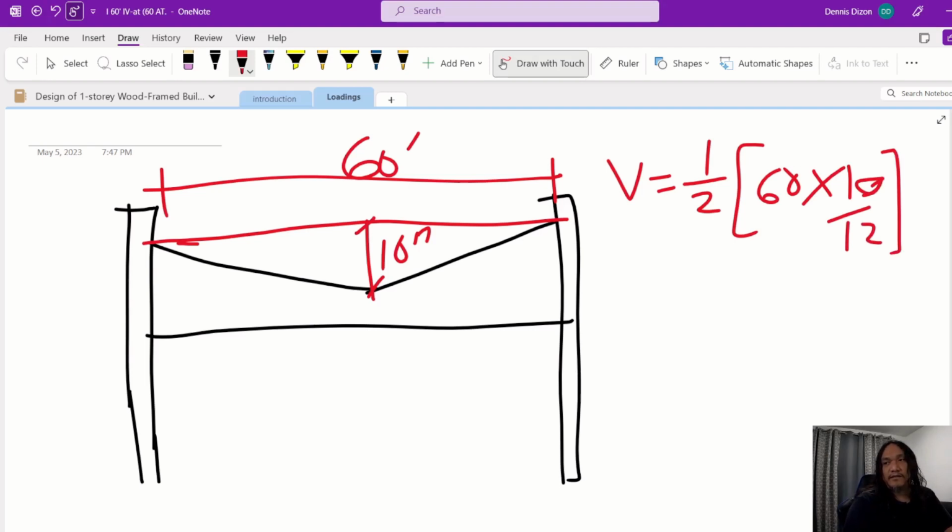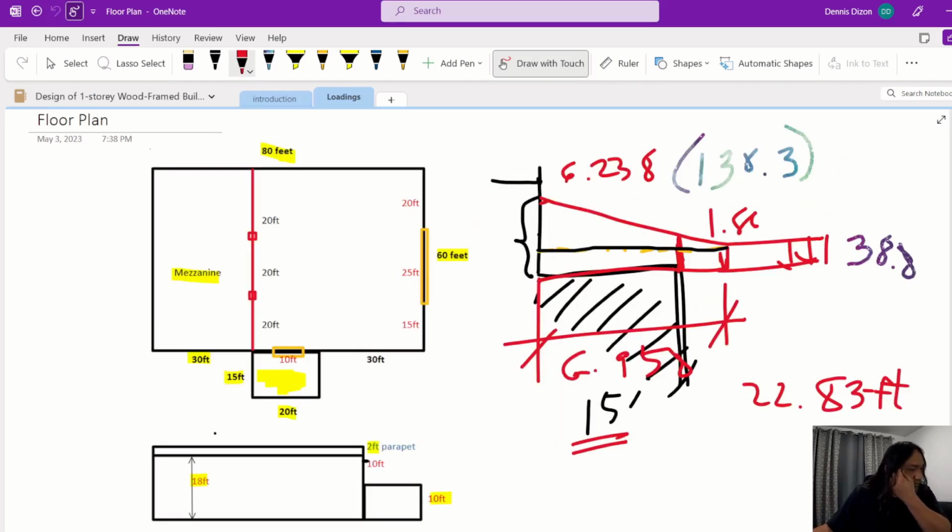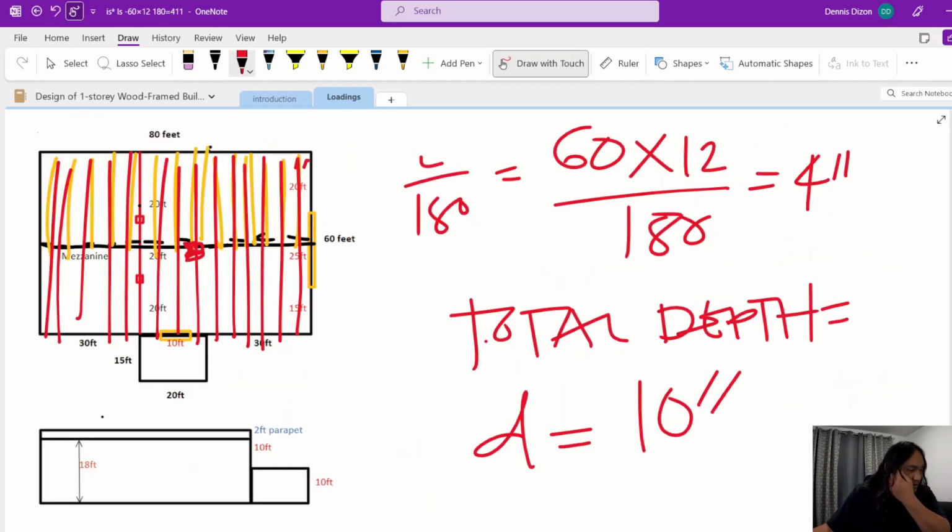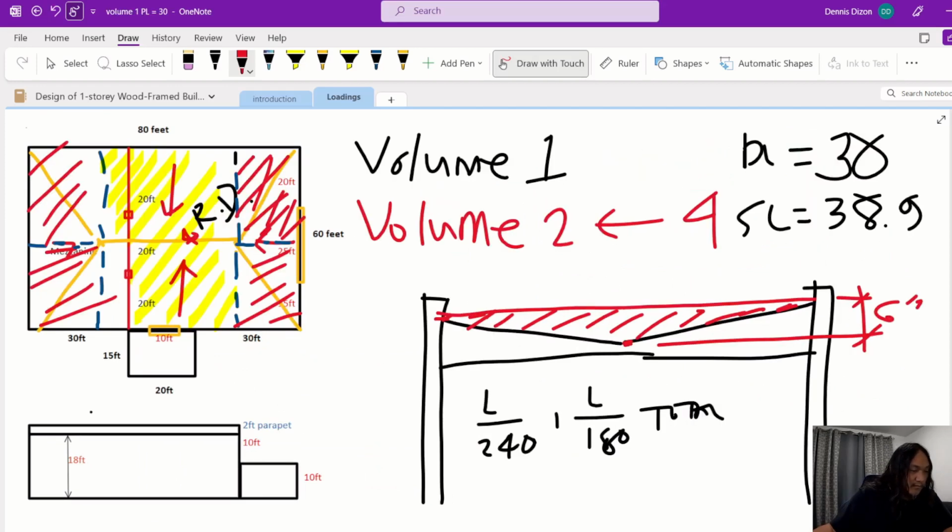and then times the width. For example, let's go back to our floor plan, or this one here. So if this is 60 feet, this one is 30 in the middle, and then this is at 45 degrees.